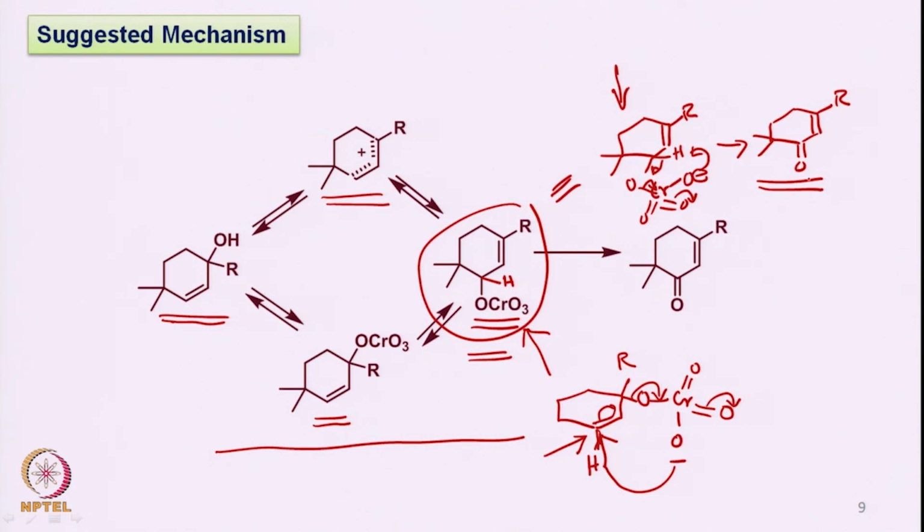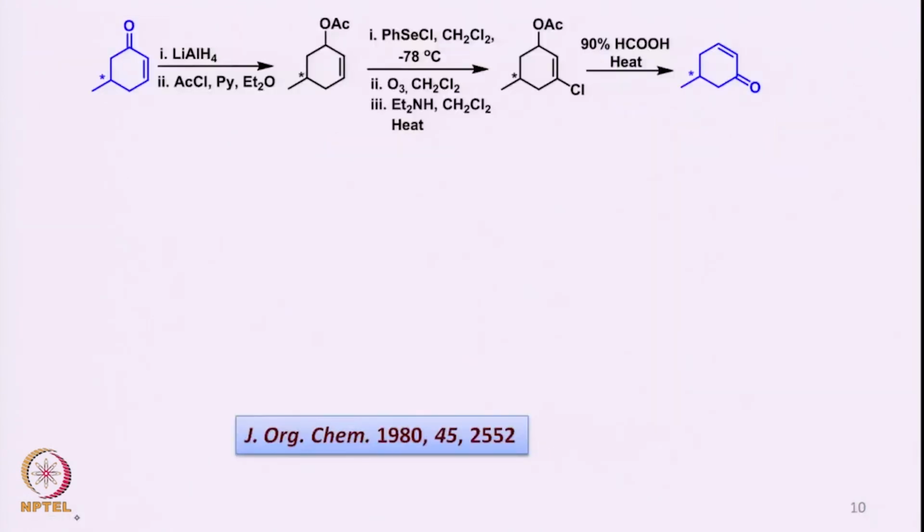So, this is one of the very popular methods of converting an alpha beta unsaturated ketone with an extra substitution to the corresponding 1,3 transposed enone.